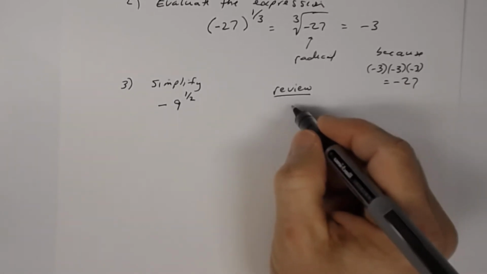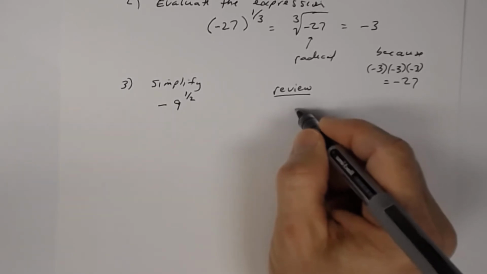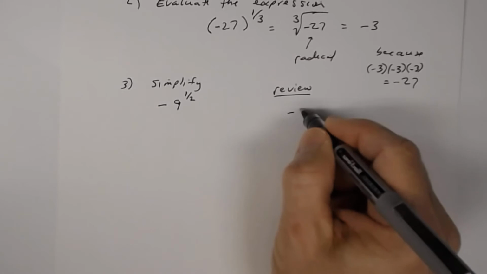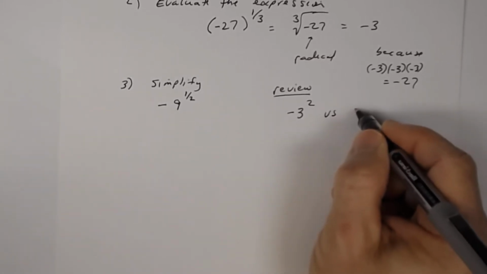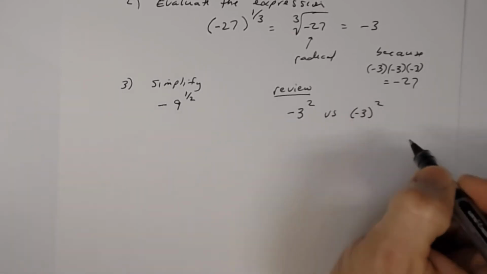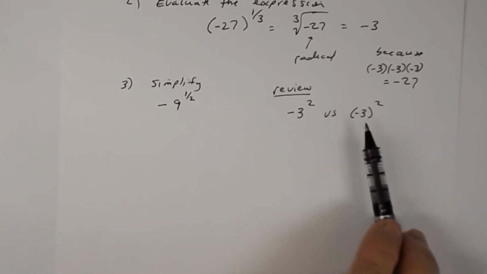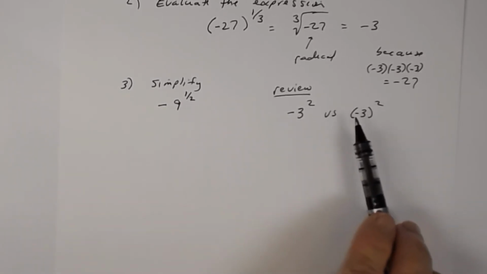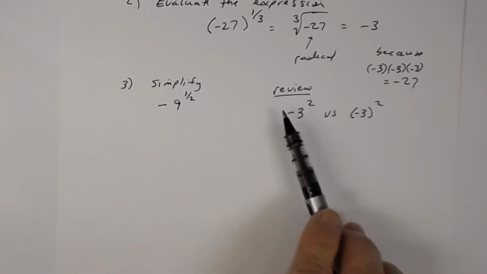Do y'all agree that if I have, let's say, negative 3 squared versus negative 3 squared, like this? So in a previous course, you learned about what do I do if the base is negative, like this is here, because that's being squared, and what does this mean here?